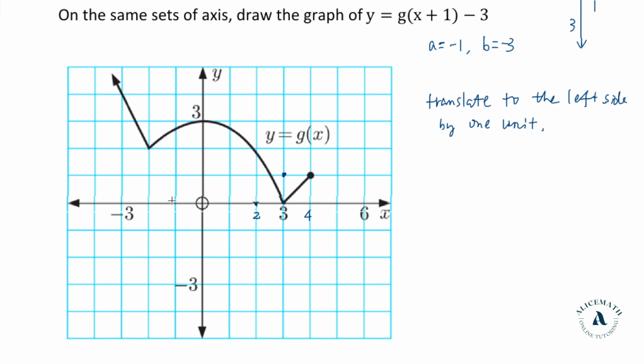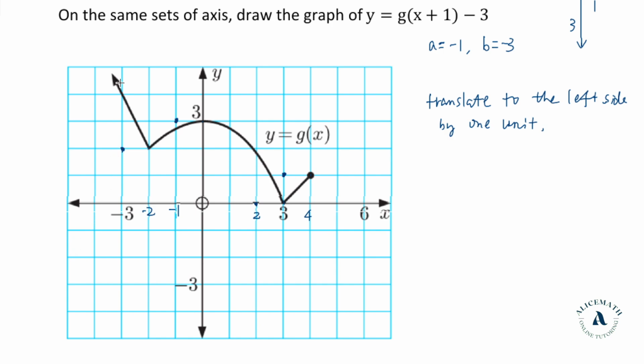Now we need to move to the left side, change to be -1. And here the vertex is -2 and 2 here. So we need to translate it to the left side by 1 unit. It changes to -3, -3.